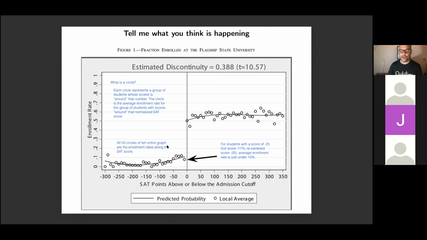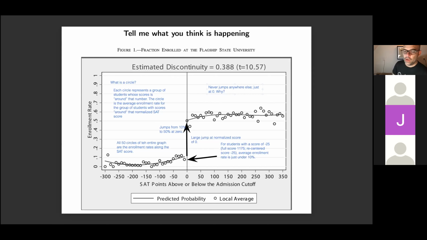But notice right here, there's a big jump, a large jump at normalized score of 0. It goes from 10% to 50% at 0. It never jumps anywhere else, just at 0.